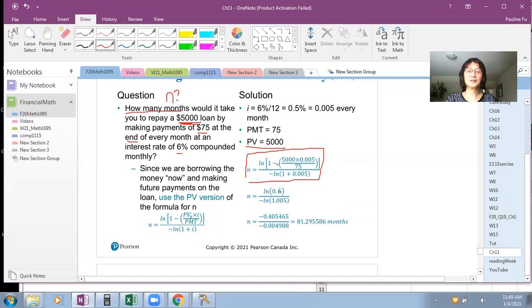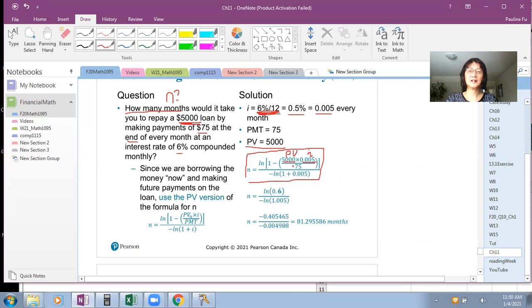Okay. And plug in, this is the present value. This is the periodic interest, 0.005. Why? Because interest is 6% compounded monthly. So 6% divided by 12 equal to 0.5%, equivalent of 0.005. This is the I, and this is the present value.